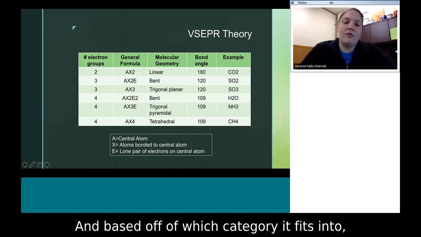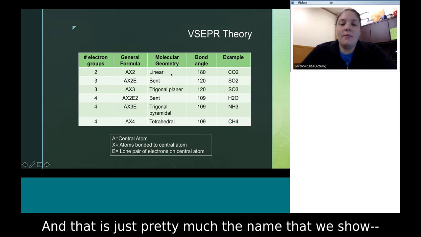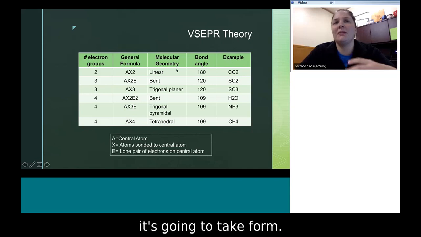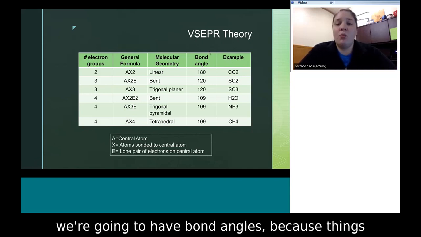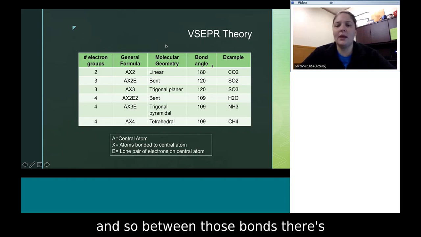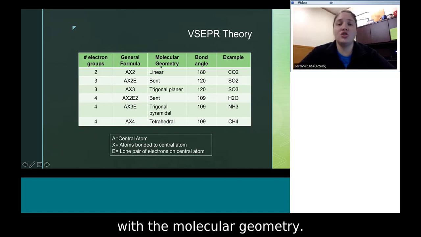Based off of which category it fits into, it's going to tell you the molecular geometry. That is pretty much the name that we say to represent the shape it's going to take form. Then with each molecular geometry, we're going to have bond angles, because things are going to be moved in certain directions, and between those bonds there's going to be a specific angle that corresponds with the molecular geometry.